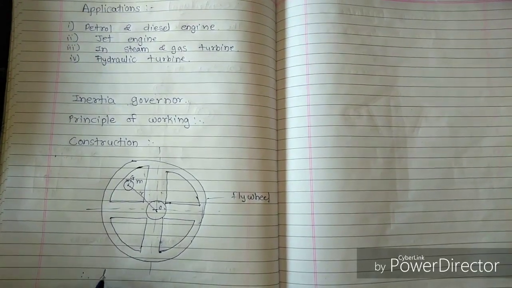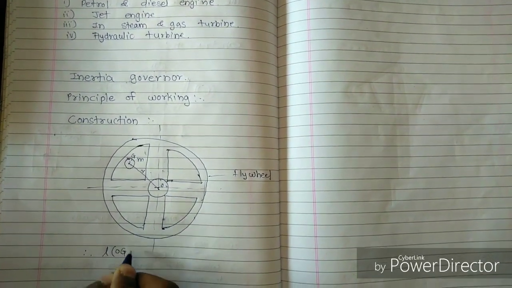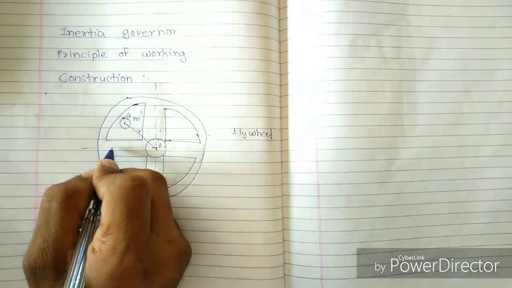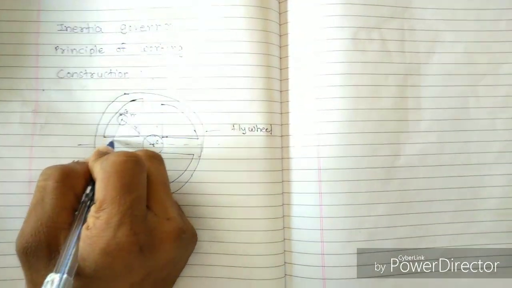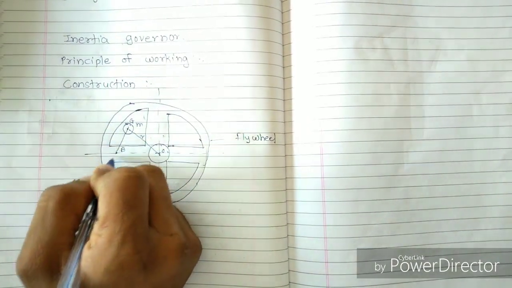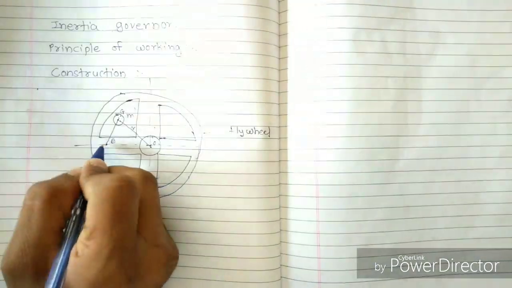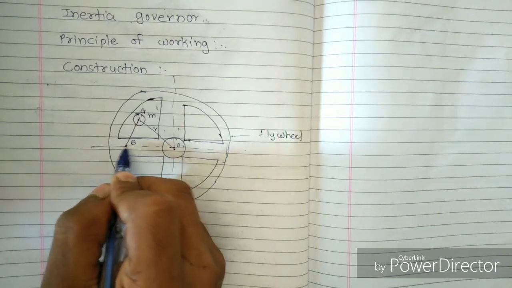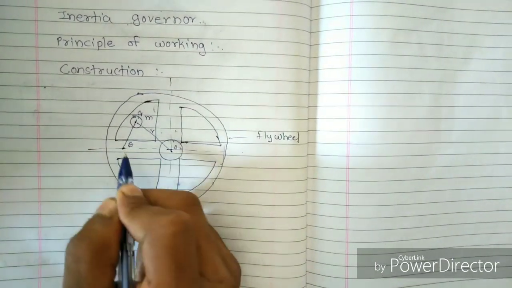Therefore, the length OG is equal to r, and the arm BG is pivoted at point B on one arm of the flywheel.